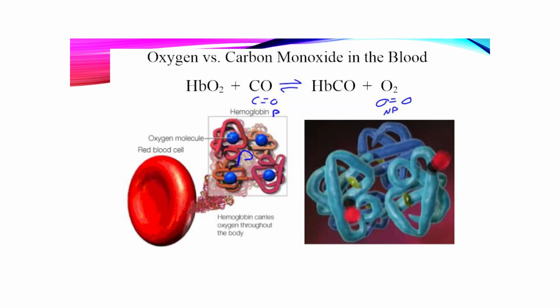So why is carbon monoxide so deadly? Without getting into too much of the biology, carbon monoxide competes with oxygen in the blood. Hemoglobin, which carries oxygen around your body, will end up binding to carbon monoxide instead of oxygen.